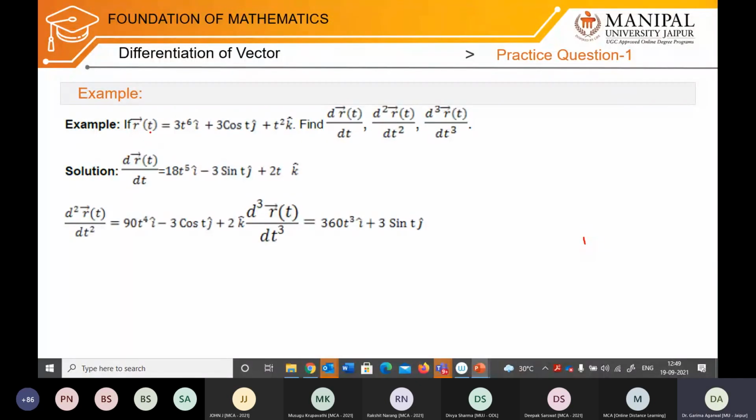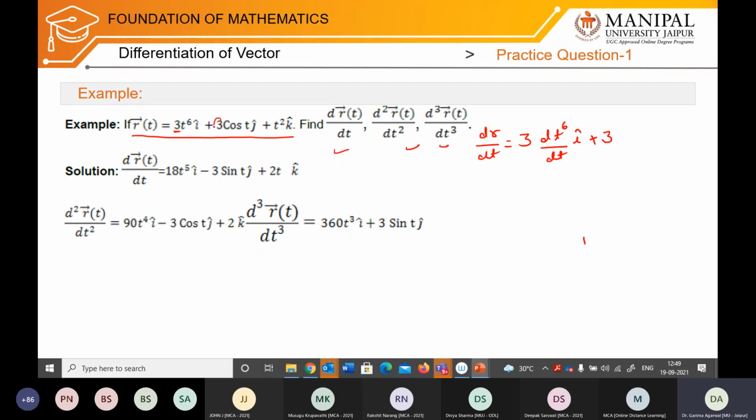For example, if vector R is 3t cube i cap plus 3 cos t j cap plus t square k cap, and I need to find the first order, second order and third order derivative. So dR by dt is 3 times the differentiation of t raised to 6, i cap remains unchanged.